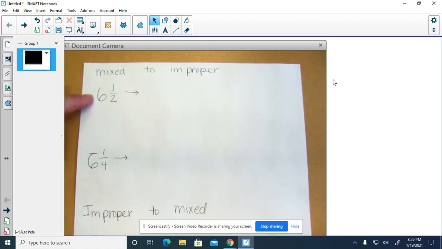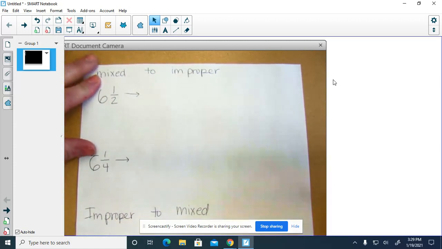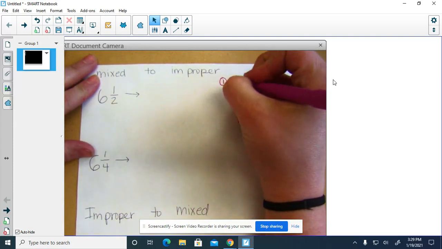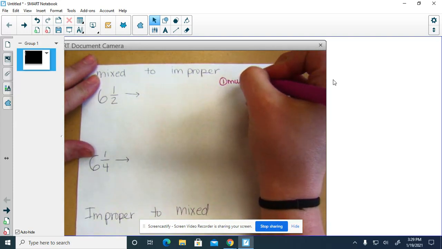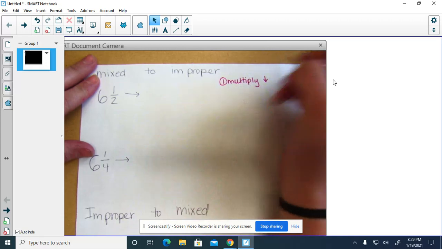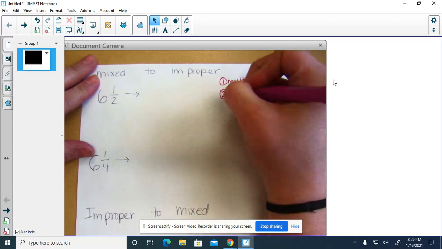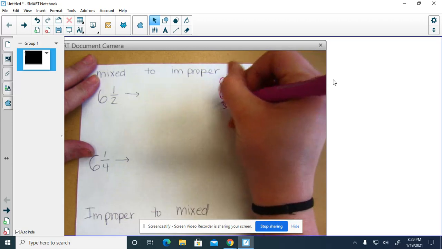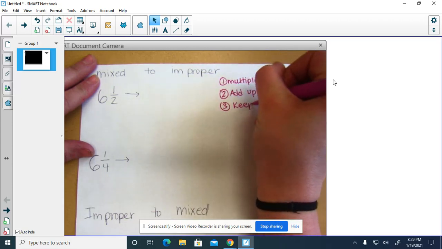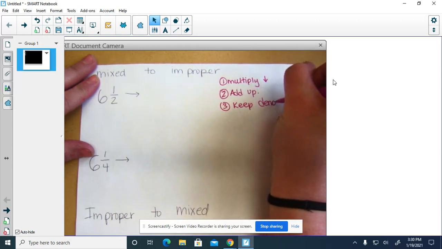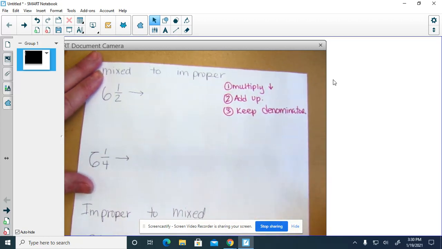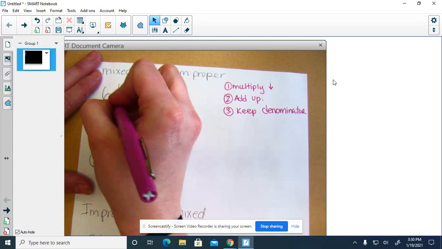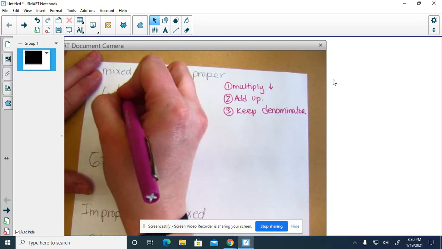When you are moving from a mixed fraction to an improper fraction, you need to, 1, multiply down, 2, add up, 3, keep the denominator. Okay, so first step, multiply down, then we're going to add up.